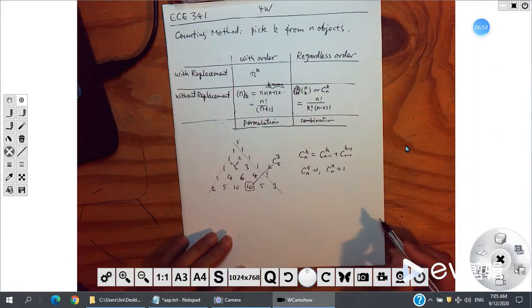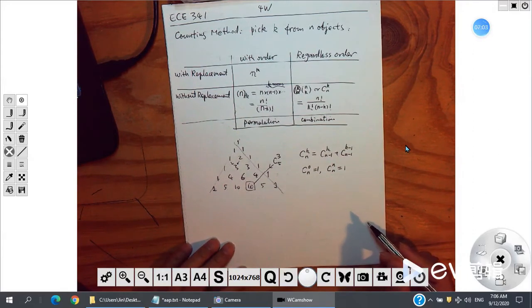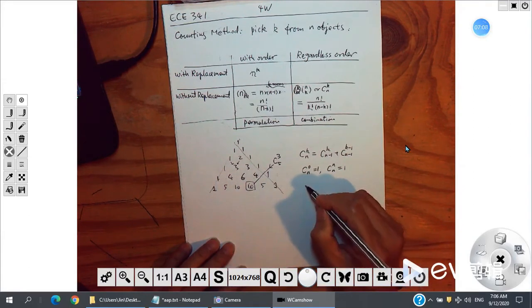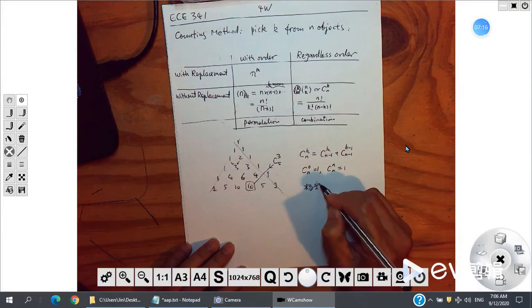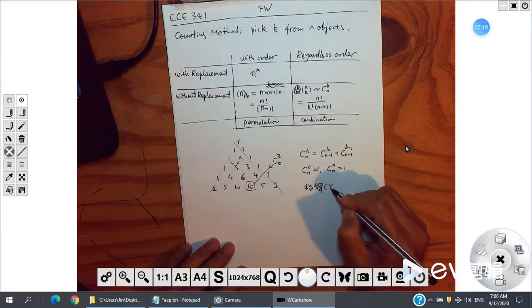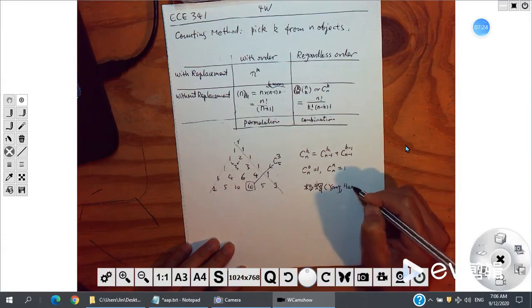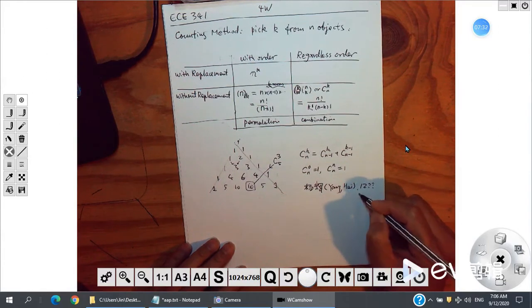This triangle was actually found by more than two people. In China, it was Yang Hui, Yang is the family name, around the year 1250.